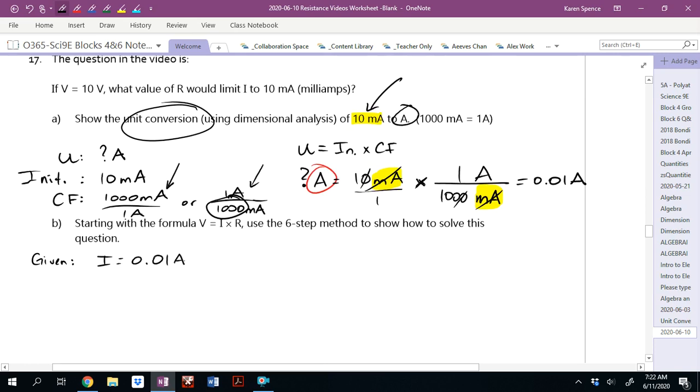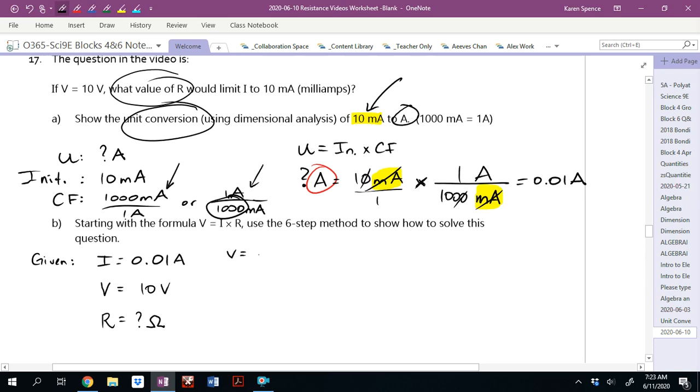We have to use amps in the question. We can't use milliamps because that's just how the formula works. Volts is 10 volts, and we want to know what value of R. We don't know what the resistance is, so we don't know how many ohms.